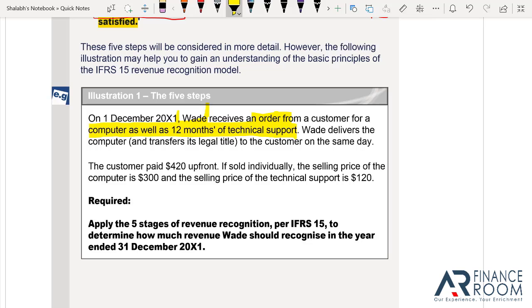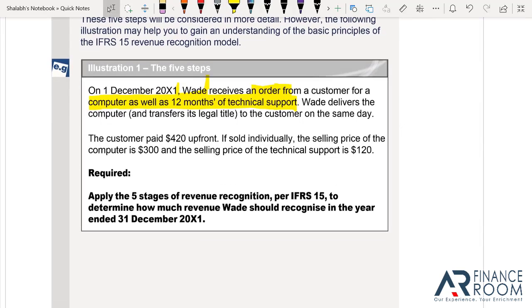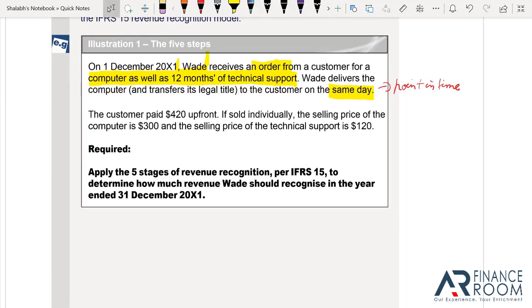All right, very good. Wade delivers the computer to the customer on the same day. What do we call this? Try to recall: point in time. At that point in time, the customer is handed over the computer. The customer paid $420 upfront.